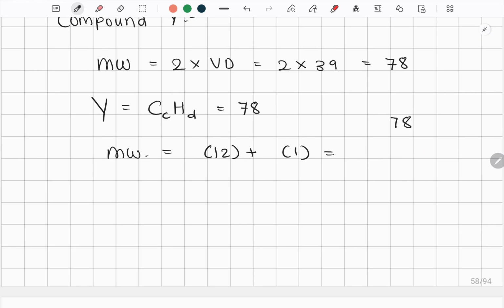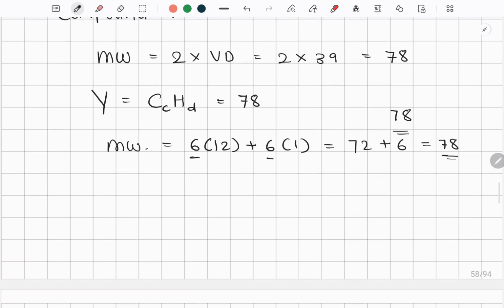What if I substitute 6? 72 plus 6 is 78. So if I substitute 6 on both sides, I get 78, which matches. That means my molecular formula is C6H6. It could be benzene.